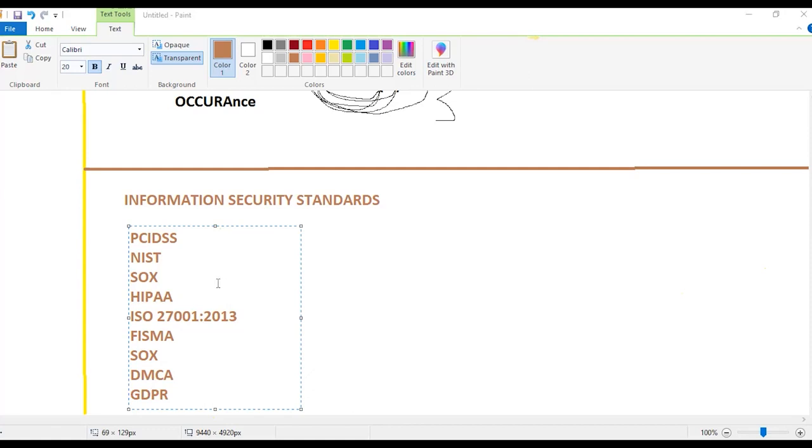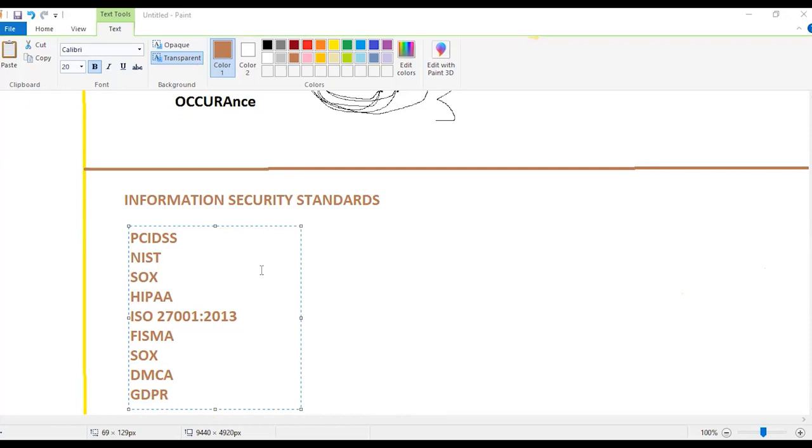Again: PCI DSS, Payment Card Industry Data Security Standard. Next, National Institute of Standards and Technology. HIPAA, Health Insurance Portability and Accountability Act, also known as the Kennedy Kassebaum Act. ISO 27001:2013, International Organization for Standardization.